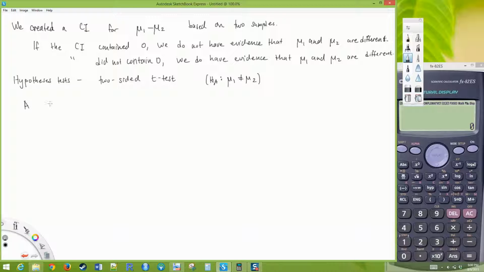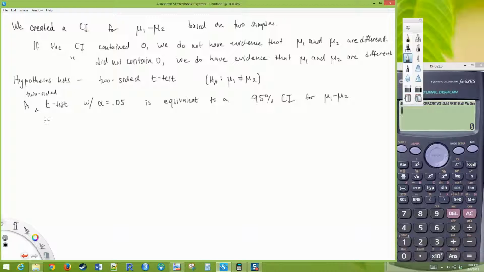A 2-sided t-test with alpha equal to 0.05 is equivalent to a 95% confidence interval for mu1 minus mu2.